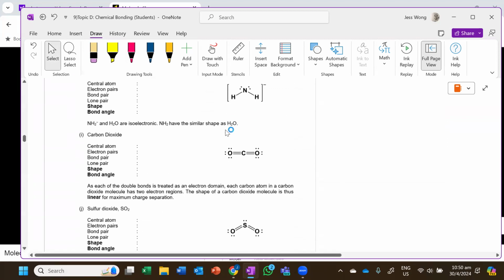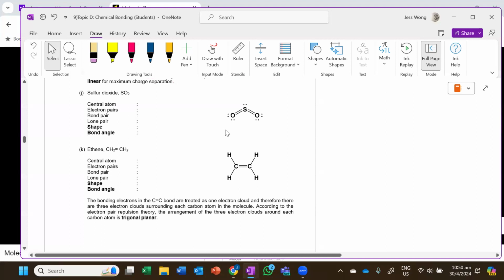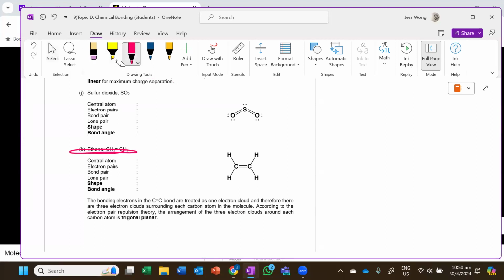All right? But I just want to do one more. What happens if there are two centers? In this case, there are 2 centers, right? When there are 2 centers, we just look at one each time. So you can look at this part first. Looking at this part, the central atom is C. There are 1, 2, 3 electron regions. Out of the 3, all of them are bond pairs, so 3, no lone pairs.